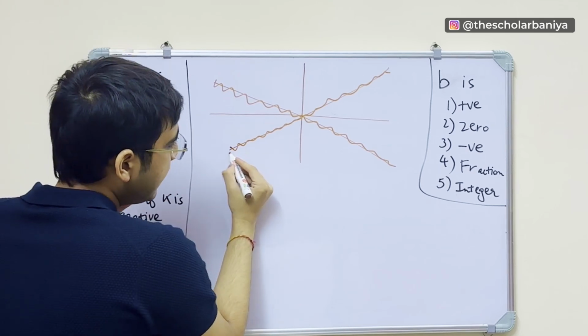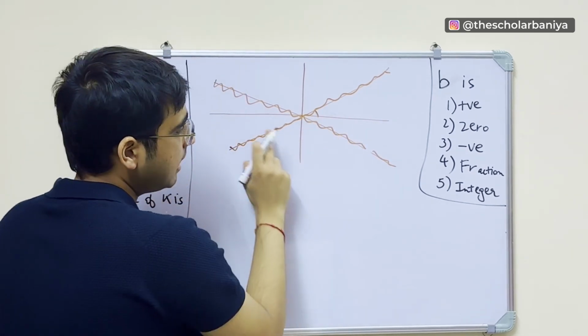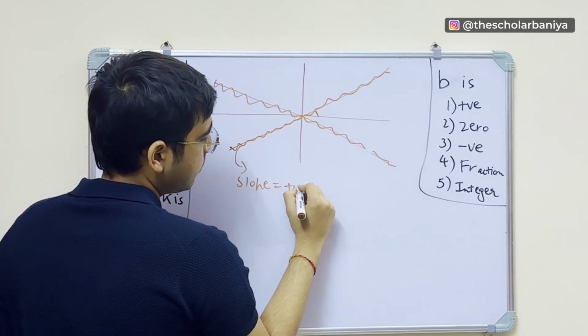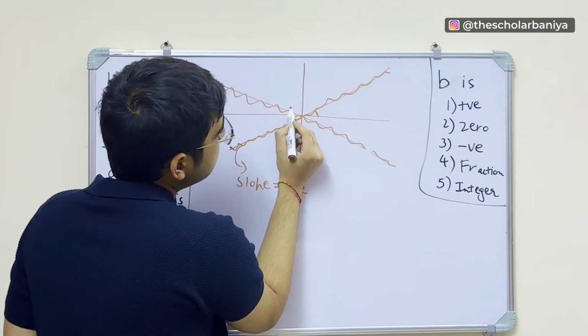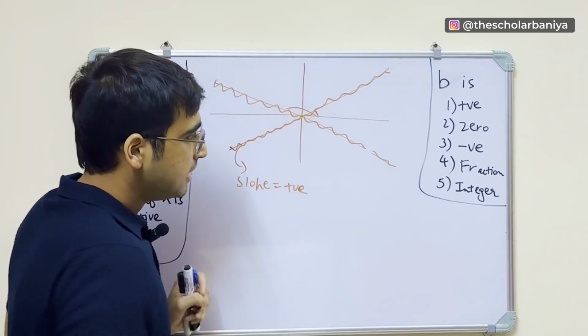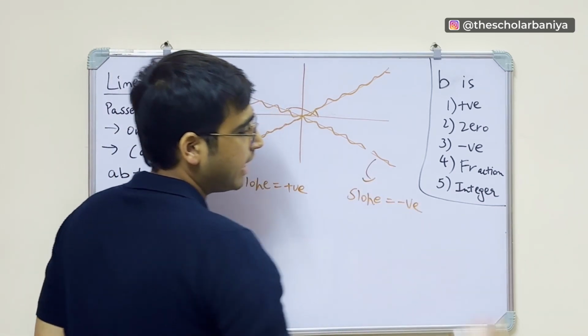But if we take this line, because we know that this angle is acute, then for this line, the slope is positive, right? If you see this line, this angle is more than 90, right? That means the slope for this line will be negative.